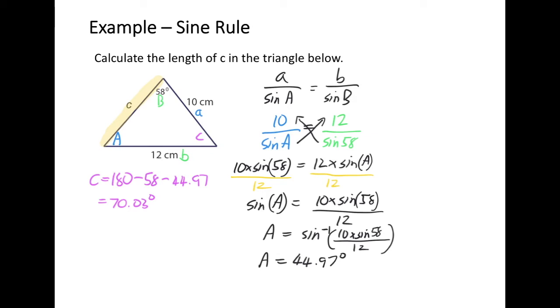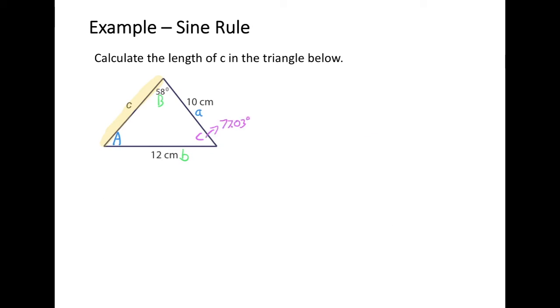So now we'll continue by writing our sine rule formula again. So this time it is going to be side B divided by sine of angle B is equal to side C divided by sine of angle C. So substituting in the values, side B is going to be 12.